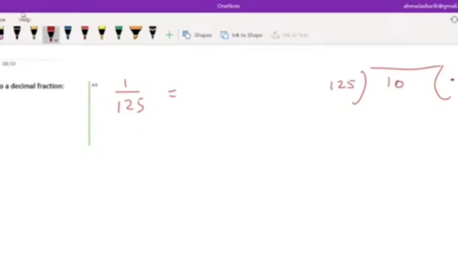Still 10 is smaller than 125, so you can increase one more zero. Now 100 is still smaller than 125, then you have to increase one more zero. So now 1000, now you can divide 1000 by 125. How many times you will take the table of 125 in order to divide 1000?